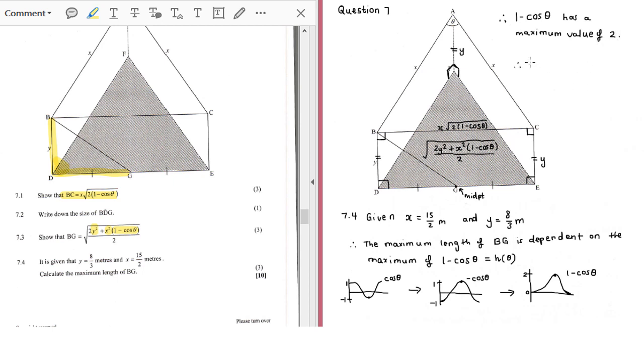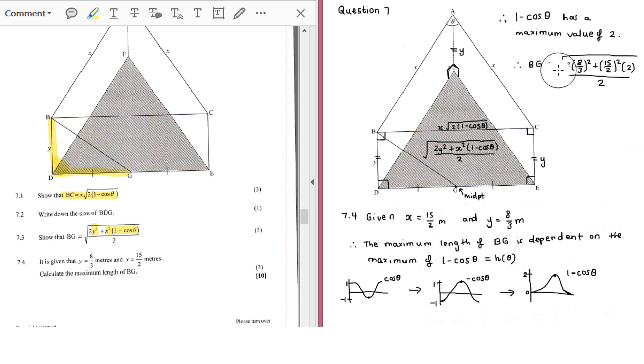So then substituting all of this in, BG is going to equal the square root of 2 times y squared, 8 over 3 squared, plus x squared, which is 15 over 2 squared, and then that whole expression has a maximum value of 2, so we substitute in 2, and all of this underneath the square root is divided by 2.